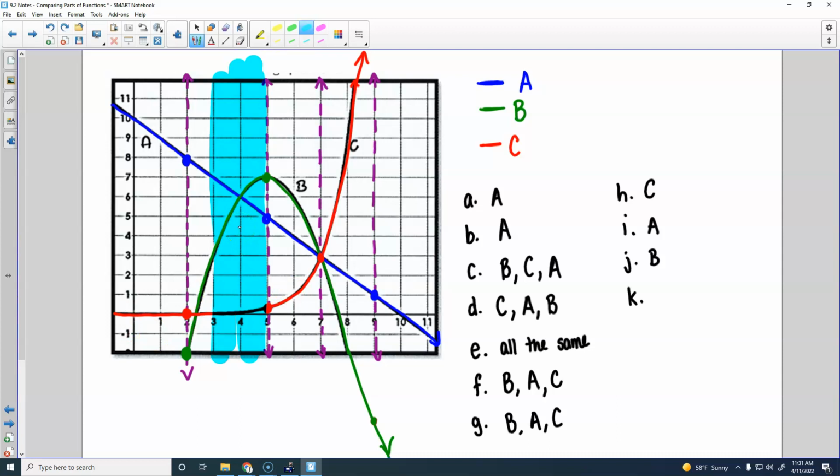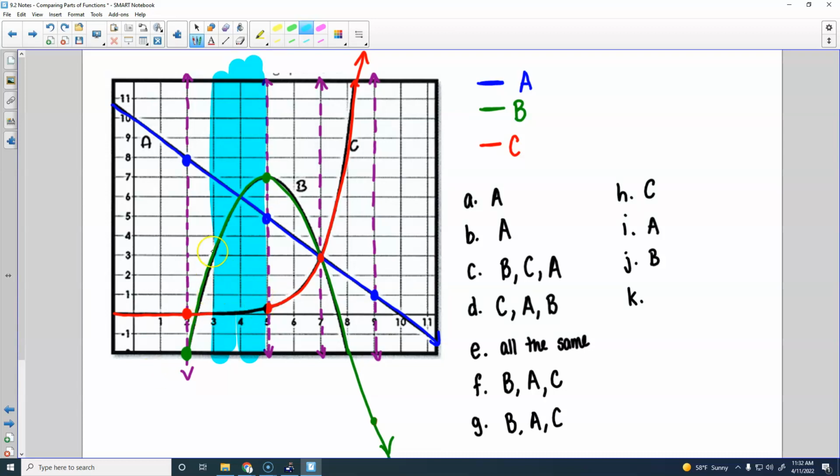So when we're thinking rate of change, I want you to think about how steep your graph is. There's one of these we can rule out right away. It is A, because does A even have a positive rate of change at all? It's decreasing. So A is out. It's not going to have the largest rate of change.